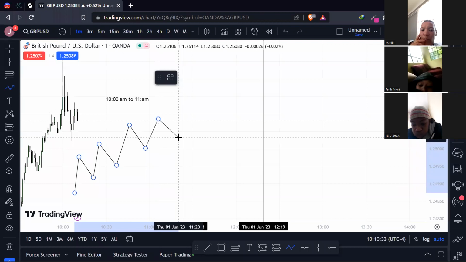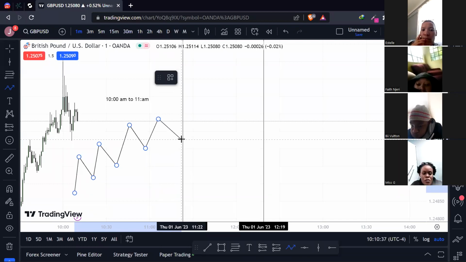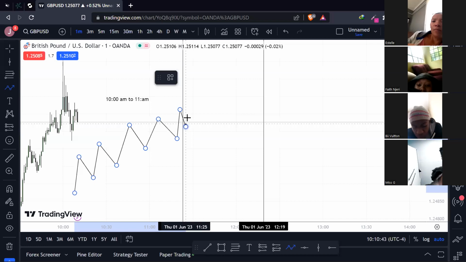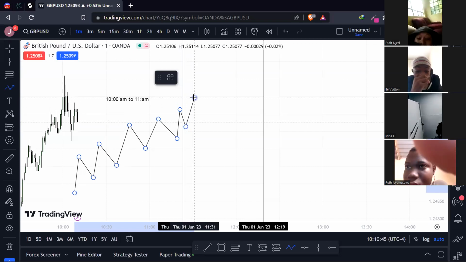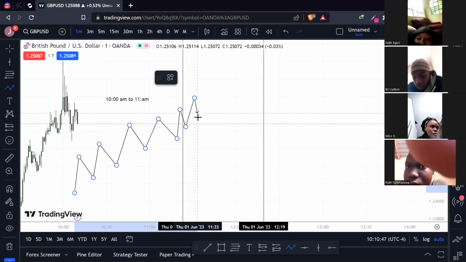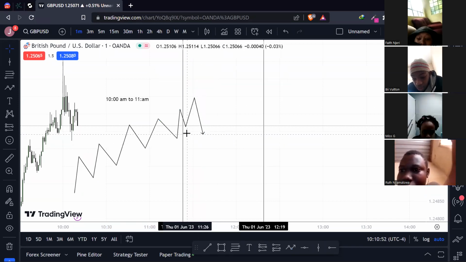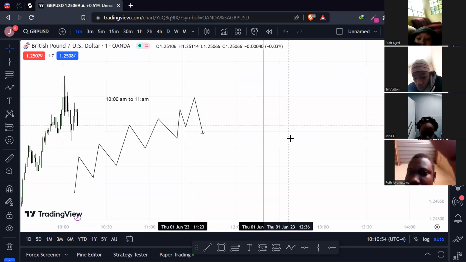And when it comes to the trading model, the price creates a new higher high and comes down, and it comes down and creates a market structure shift in the time period.